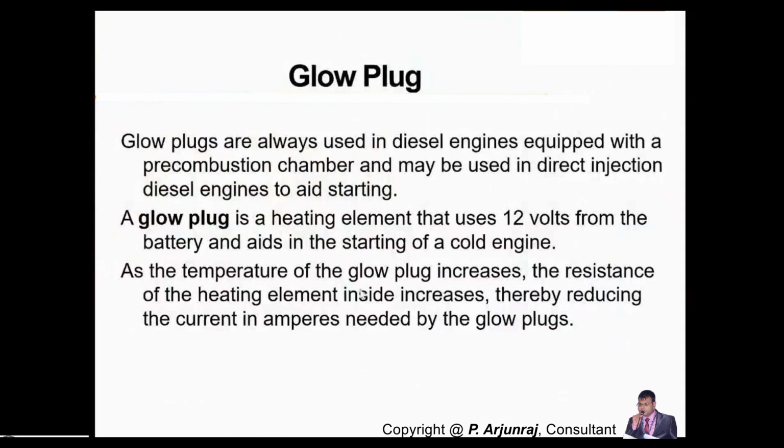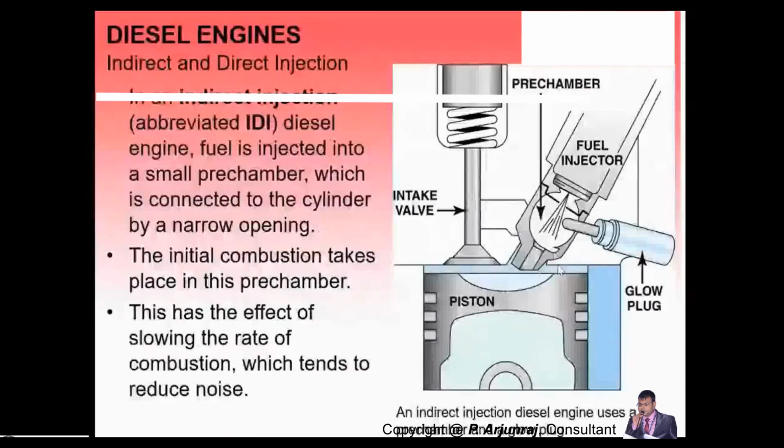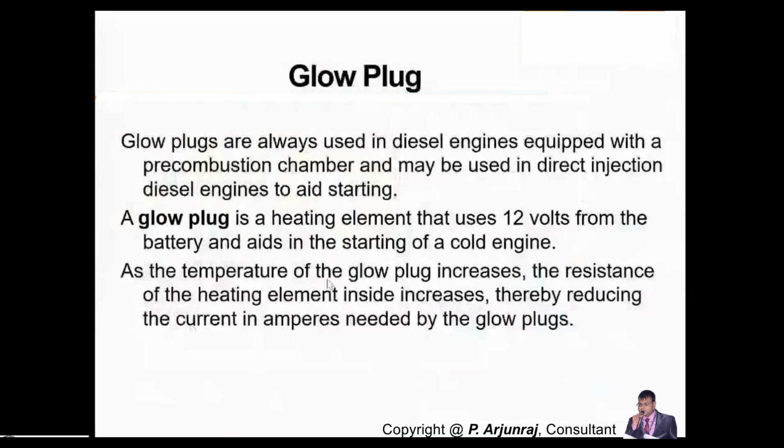So here we have seen because of this heating, the temperature is going to get higher because of this glow plug, and when the temperature of the glow plug increases, the resistance is also going to be higher. You know the formula V is equal to IR. The voltage is directly proportional to current and the resistance.